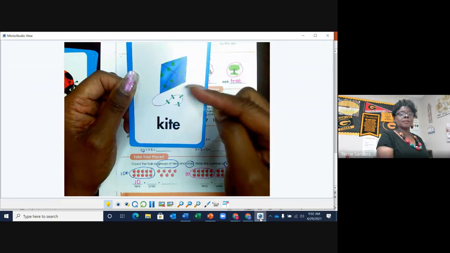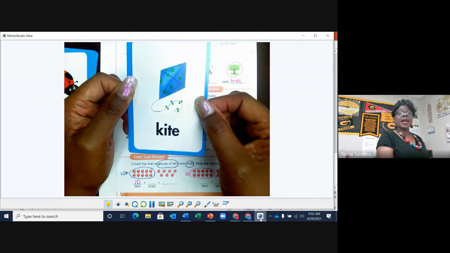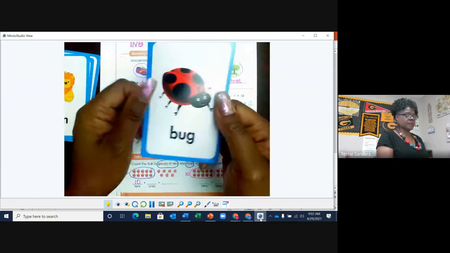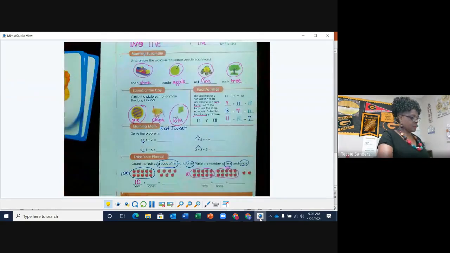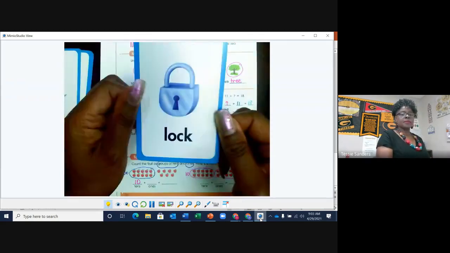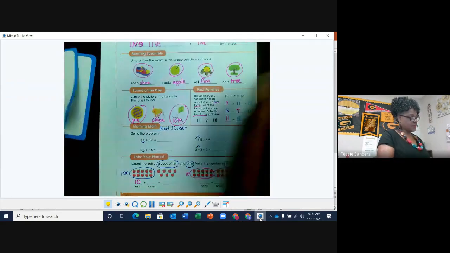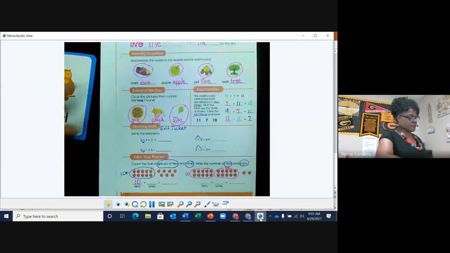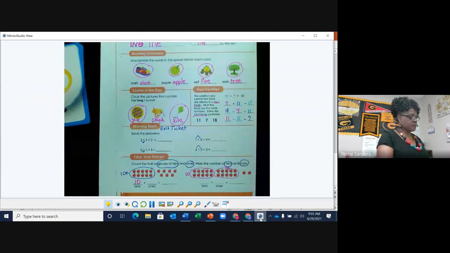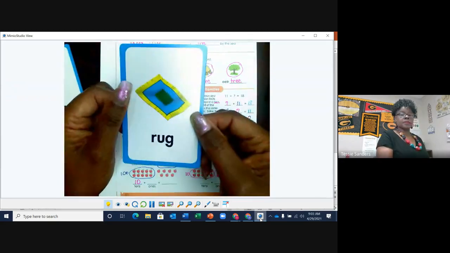This is a kite. Excellent. Owl. Good. Yes.